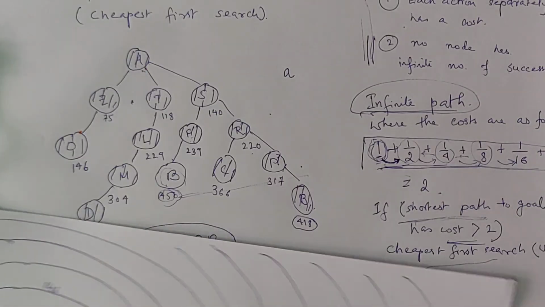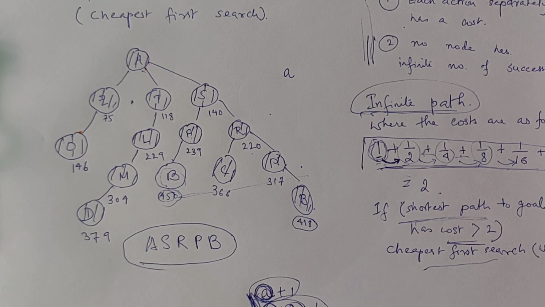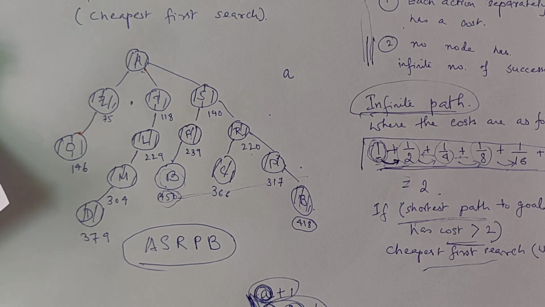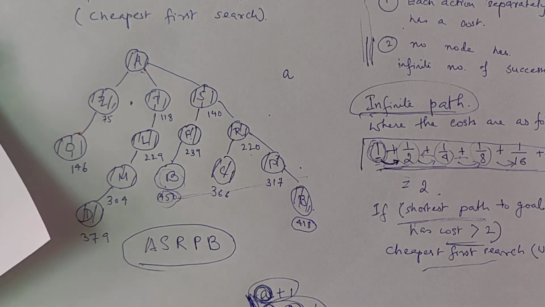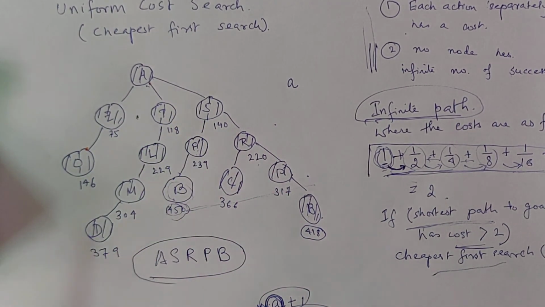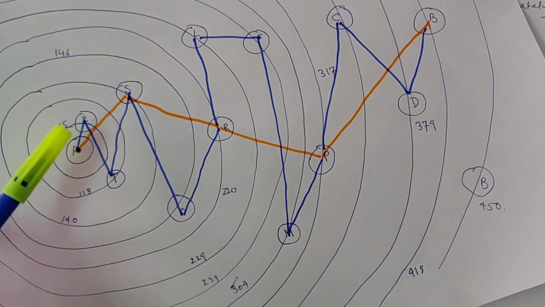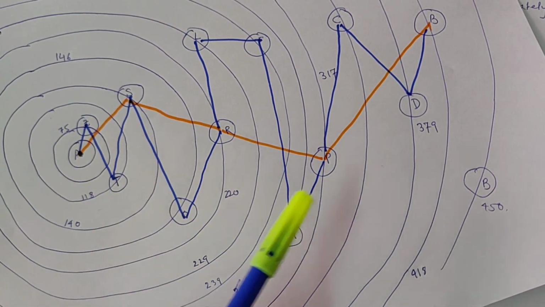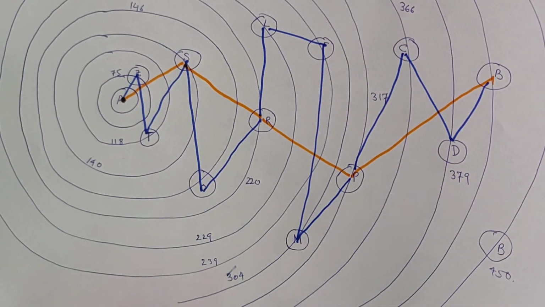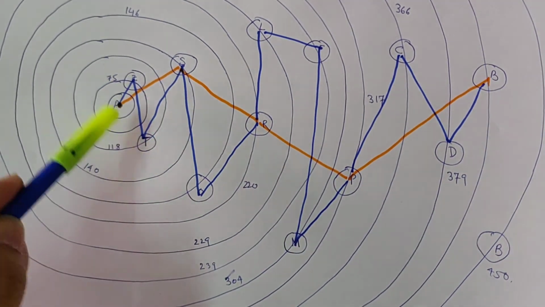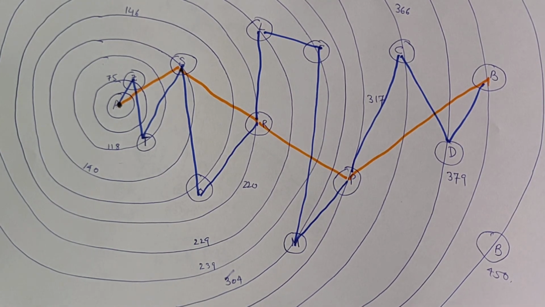Because from A, here we had the options Z, T and S, right? We had these options Z, T and S from A. After we know the solution, we can say that we should have opened S first. Opening Z and T was of no value.